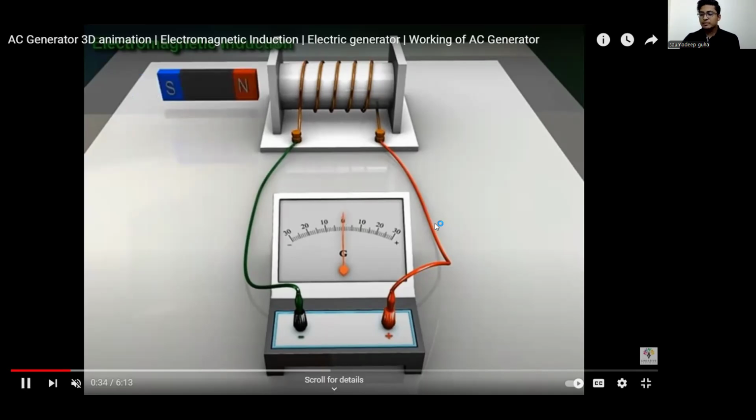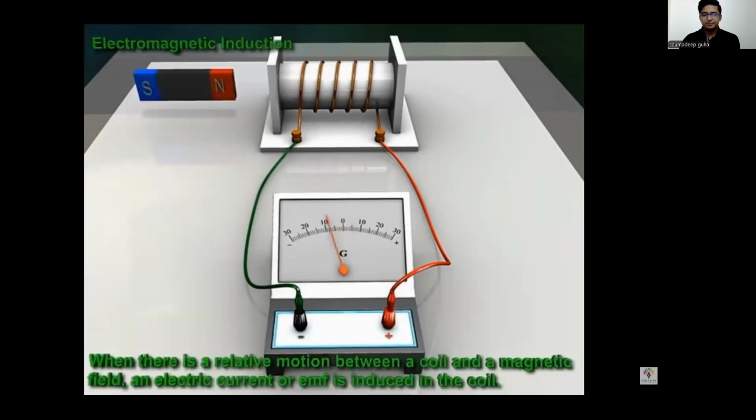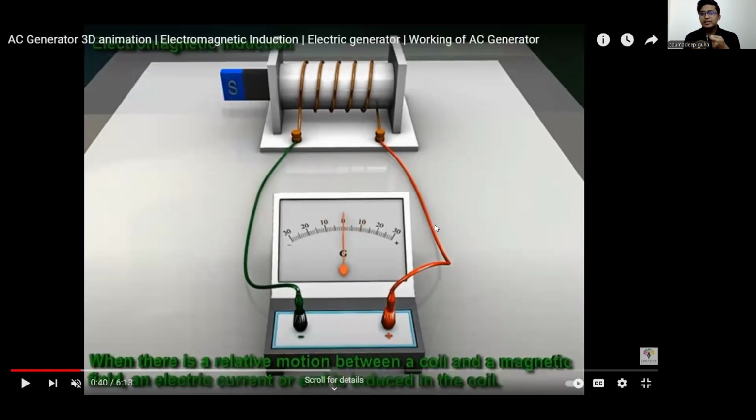How does it basically look? During the motion, can you see while we are moving the magnet, the magnetic field, the magnetic flux is intersecting with the conducting wires, and that is how the electricity is being generated, right?